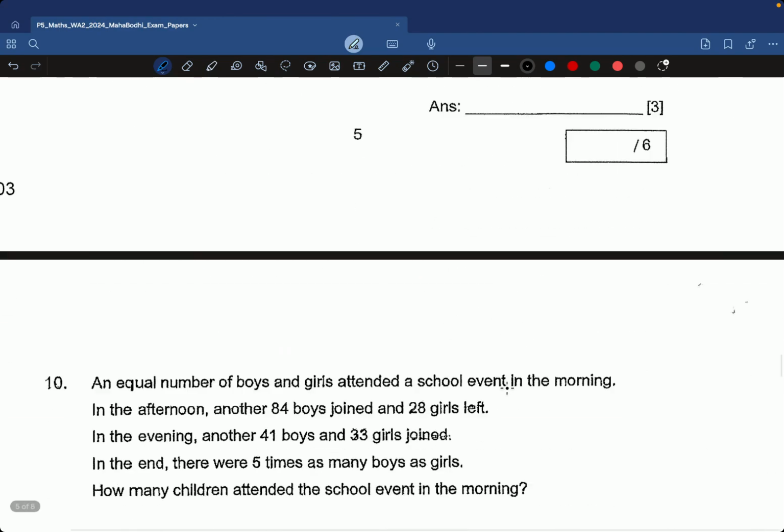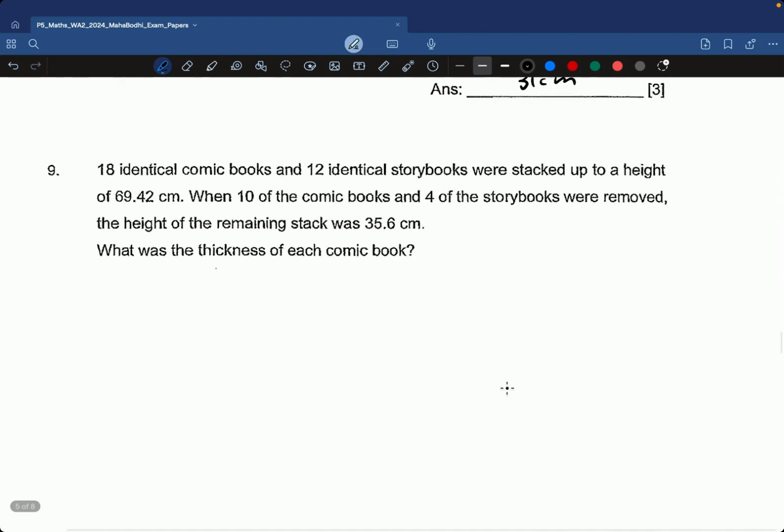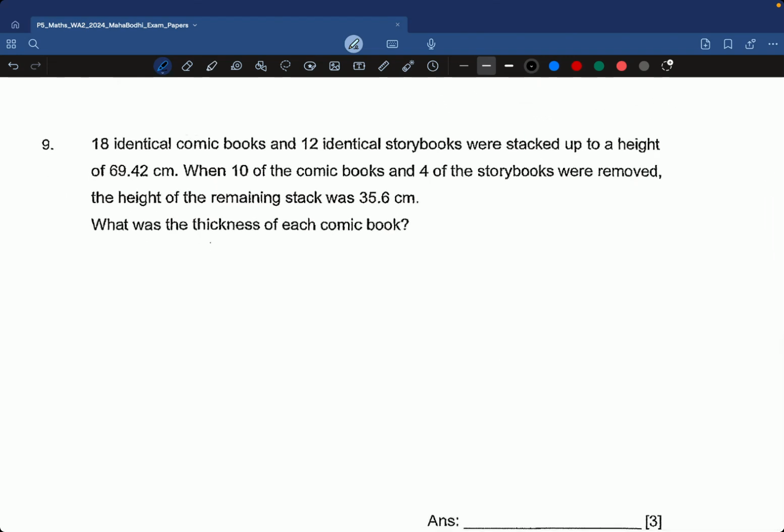All right, let's move on to the next question. Question 9. 18 identical comic books and 12 identical storybooks were stacked up to a height of 69.42. So I'm just going to let C be comic books, and S be storybooks, so it's easier.